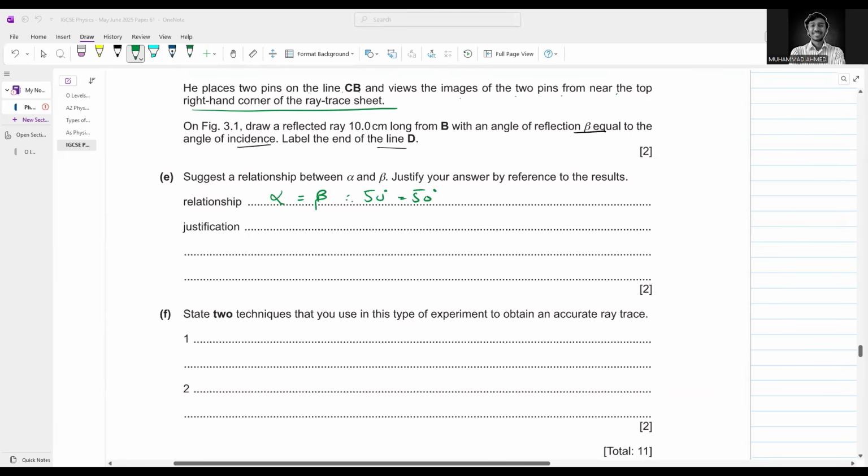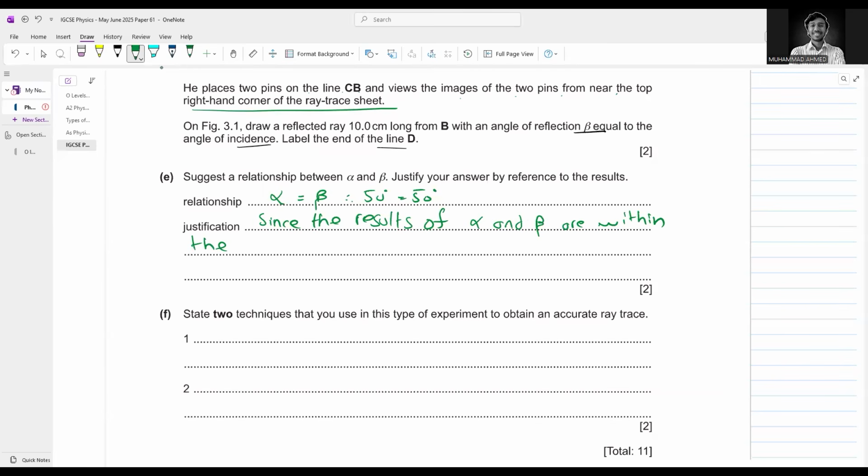The results are within the limits of experimental accuracy. यहाँ पे आप लिख सकते हो both of them are equal to each other since the results of alpha and beta are within the limits of experimental accuracy, yeah, you can say within the limits of experimental error, whatever you want to say. बेटा सिंस बोथ वैल्यूज सेम हैं, you will just say कि भाई आपके जो रिजल्ट्स हैं अल्फा एंड बीटा are within the limits of experimental error. सिंपल. इस तरह लिख दो.